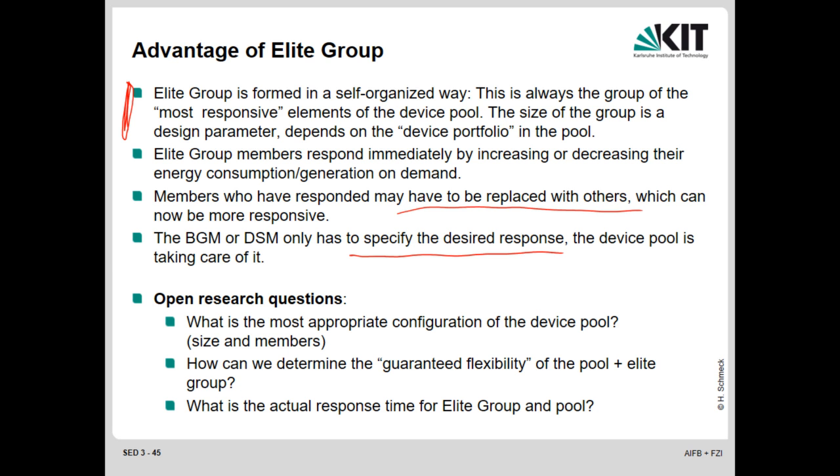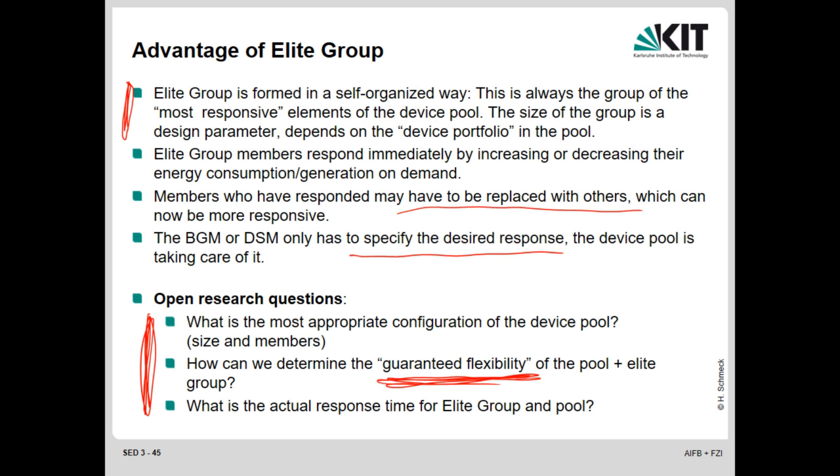So research questions are here definitely what the most appropriate configuration of such a pool is. How do you actually configure a pool in a larger area? How can you determine the guaranteed flexibility? What kind of statement can you make for a pool that you have about the guaranteed flexibility that it can offer?